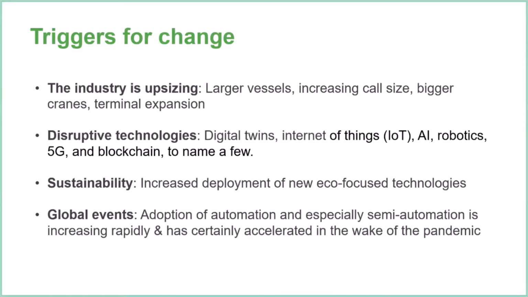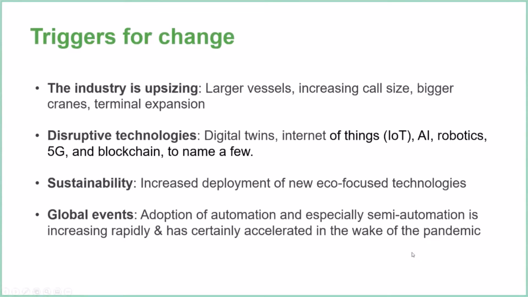And last but not least, reduction of the carbon footprint. As we know, most of the automated or semi-automated equipment are now fully electric rather than fossil fuel driven. So these are the main triggers for terminal operators to change to some level of automation on their terminals. Got it. Thank you very much, Marc.